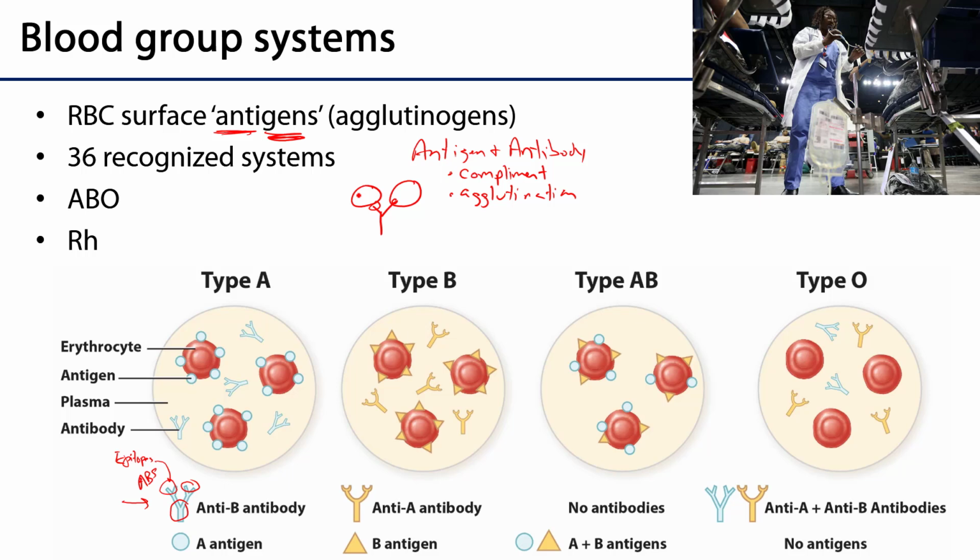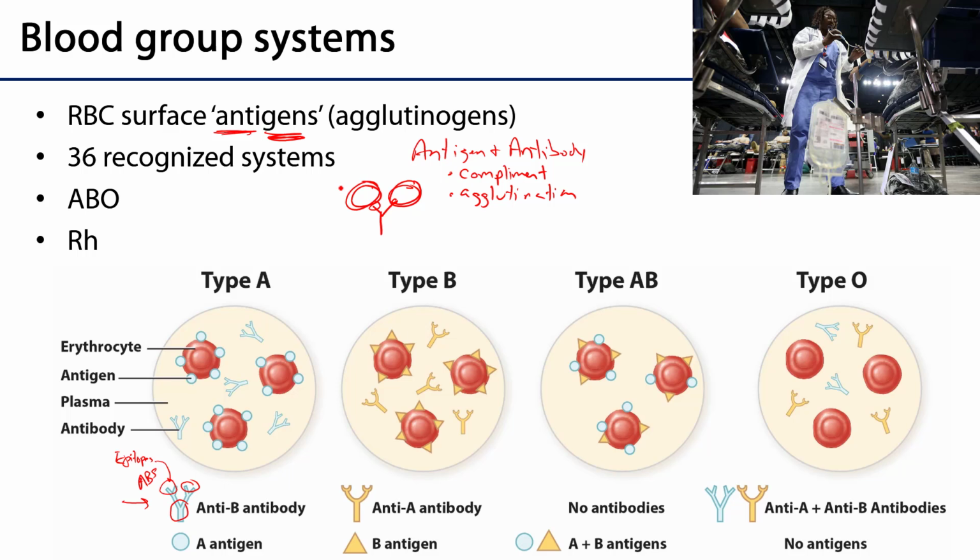So in the case of anti-ABO blood group antibodies, you can have an antibody connect to erythrocytes. And when this happens, they agglutinate. They form this blob, and that's going to cause problems within the vasculature.